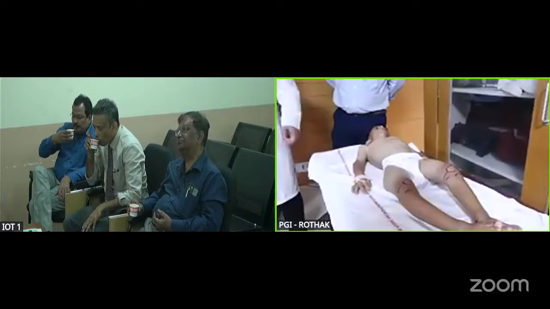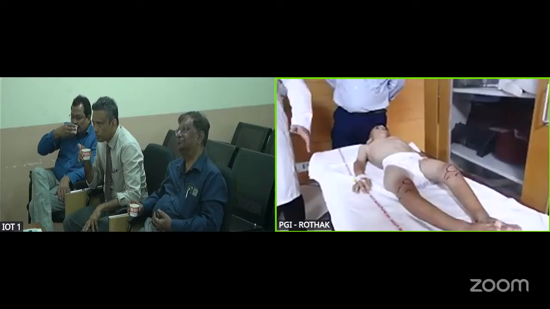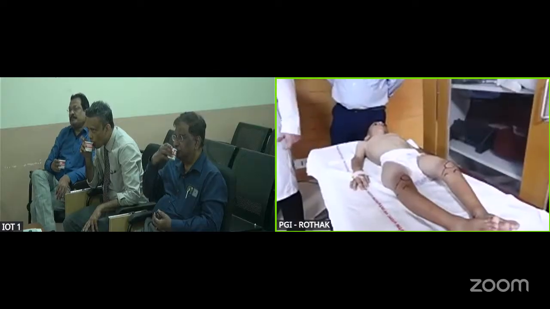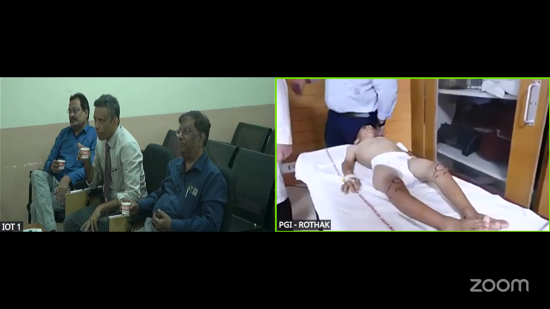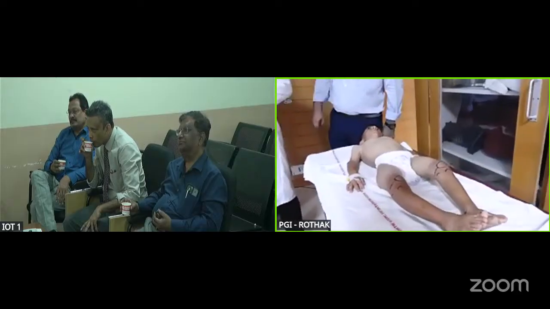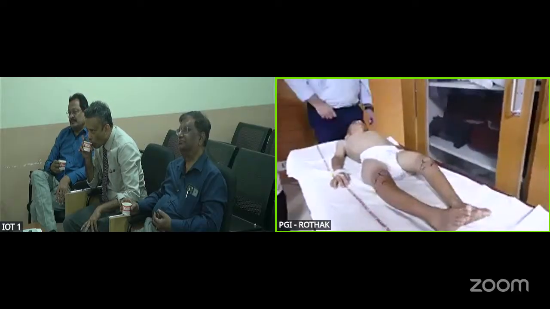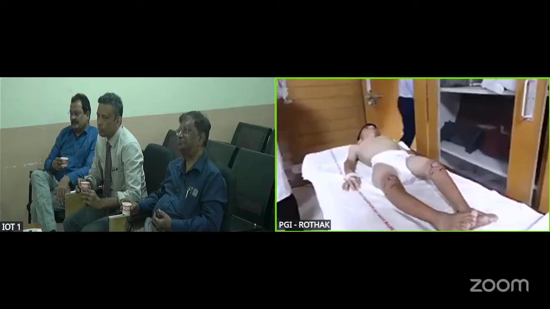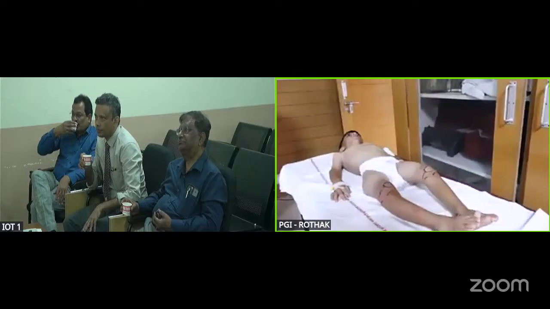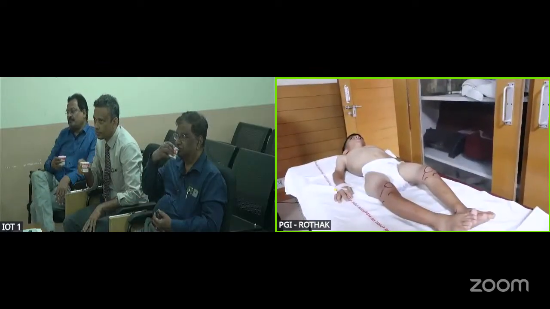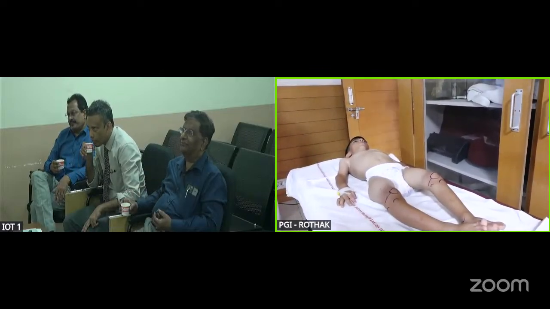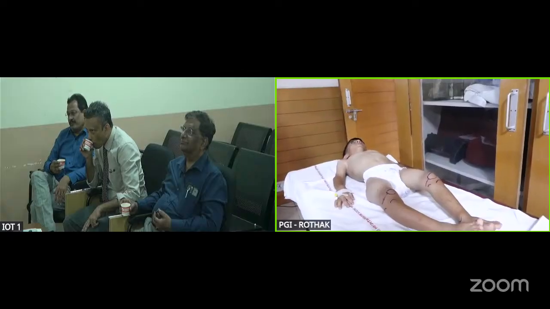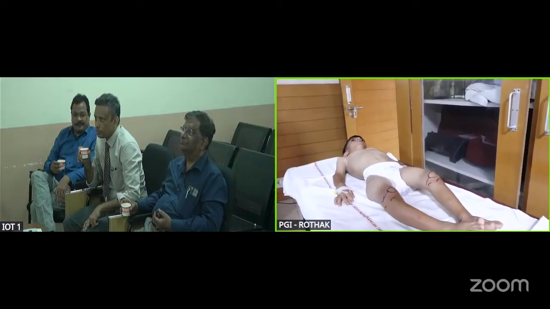Radiologically, first we would like to do AP and lateral radiographs of the knee joint and scanograms at bilateral level. Excellent. Show the X-rays.